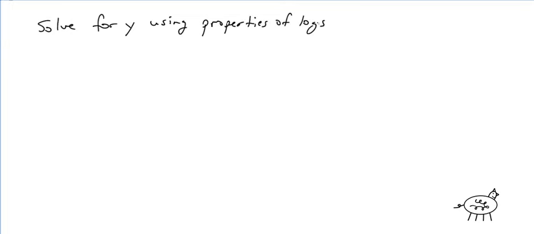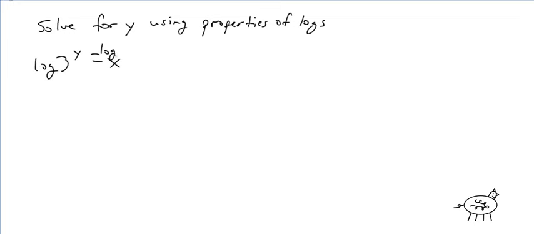We're going to solve for y using properties of logs. Okay, so 3 to the y equals x. Well, this is easy, right? This is all kind of old stuff.